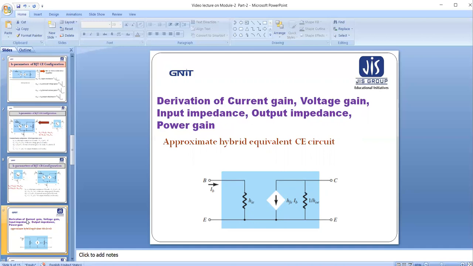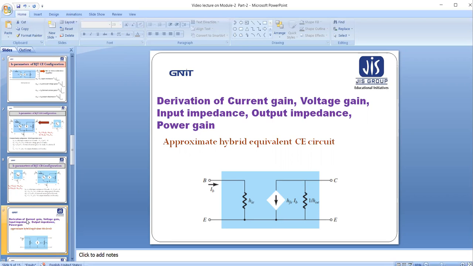That means there is some gain of voltage, gain of current, gain of power, a change in input impedance, and some output impedance concept. There are so many factors which are important during the design of any BJT amplifier.